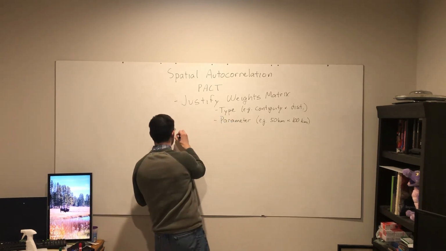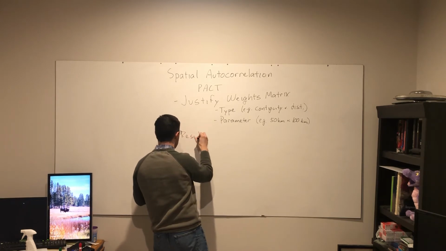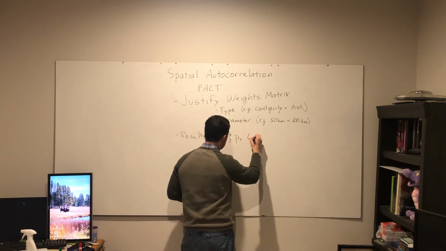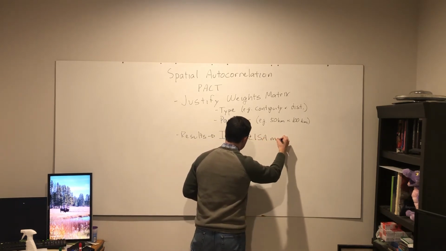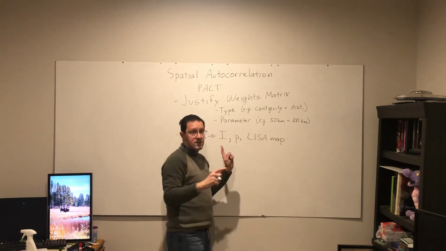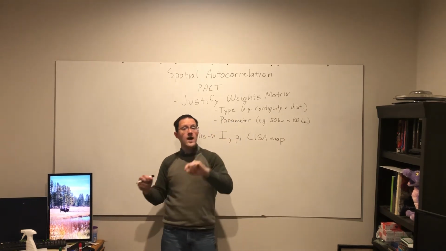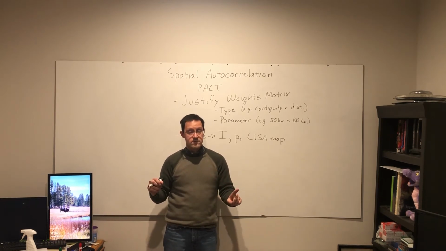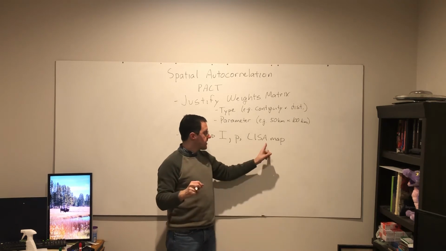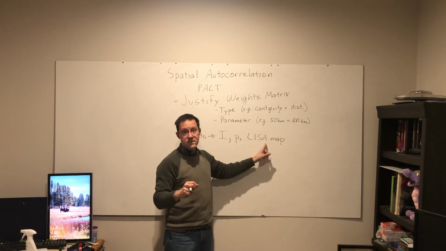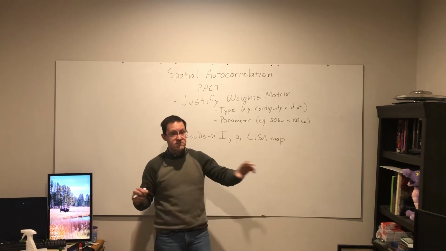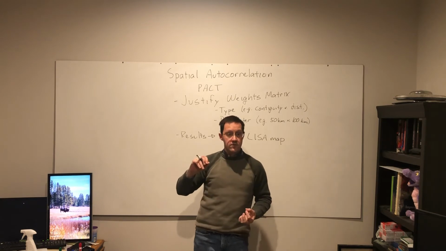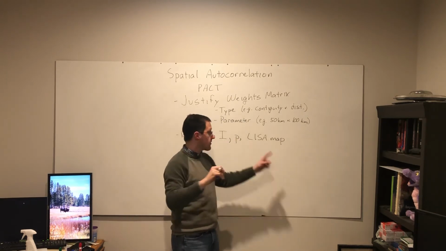Then, you would typically include the I value for Moran's I, the associated P value, and if you did the local autocorrelation, the LISA map that I had drawn here in blue and red to say where are the high values clustered, where are the low values clustered.